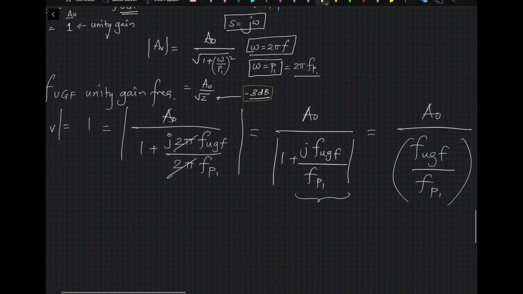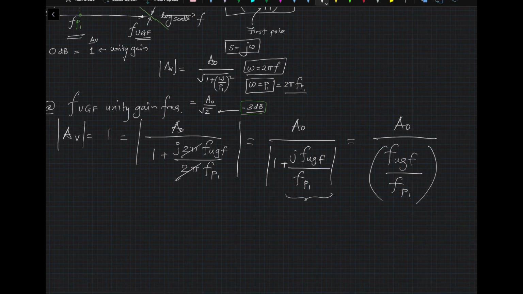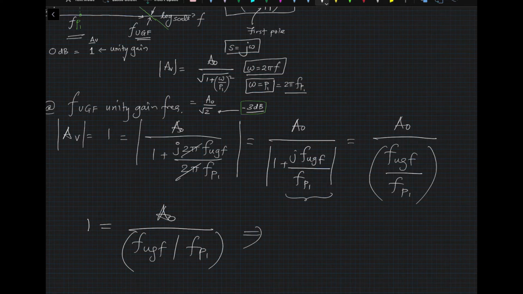That brings back one very important feature of a one pole system. So 1 is equal to A0 divided by FUGF divided by FP1, which gives you FUGF is equal to FP1 times A0.